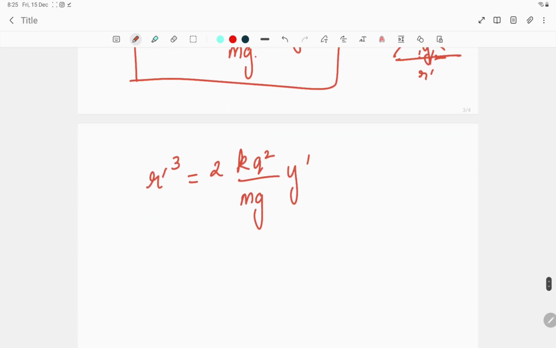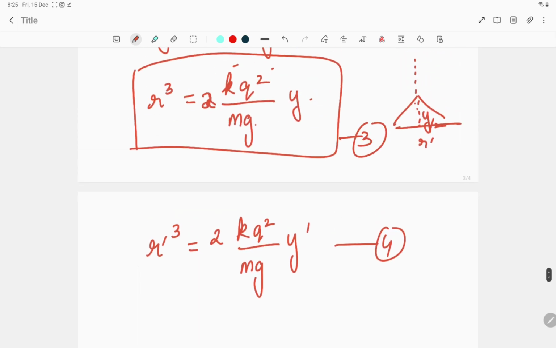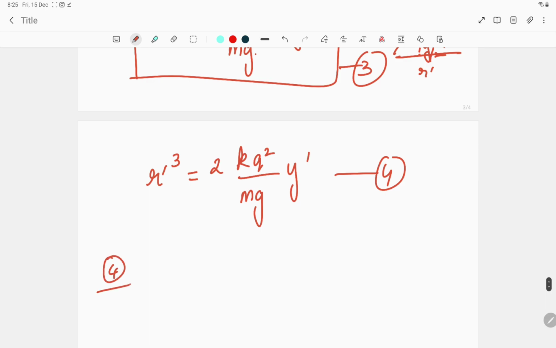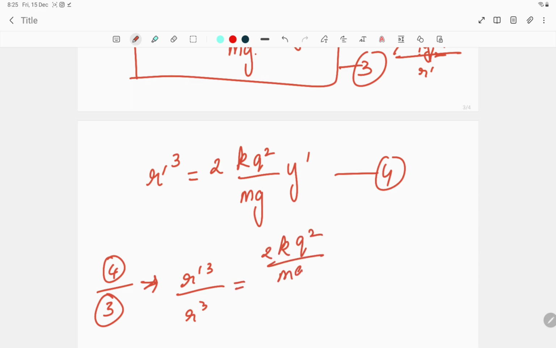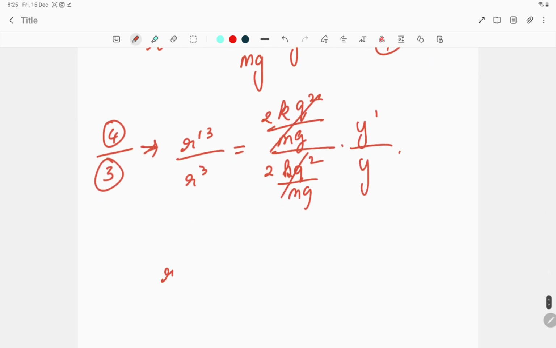Now let us say this is equation 4 and this is equation 3. Let us divide 4 by 3. I get r dash cube divided by r cube equal to 2kq square by mg divided by 2kq square by mg into y dash by y. This entire thing gets cancelled, so we are left with r dash cube by r cube equal to y dash by y.